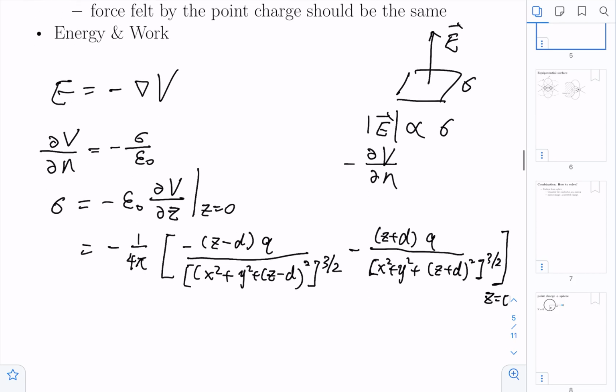And now if we simplify this expression, this is actually something simple.